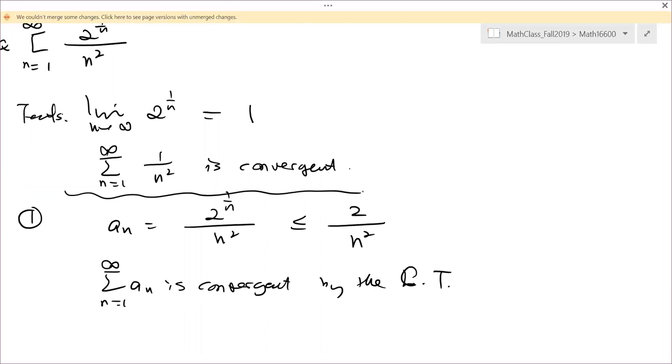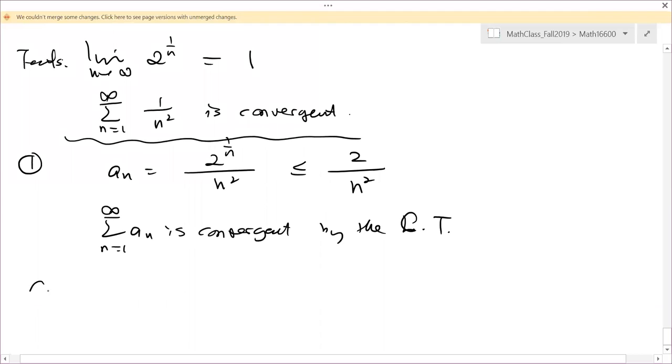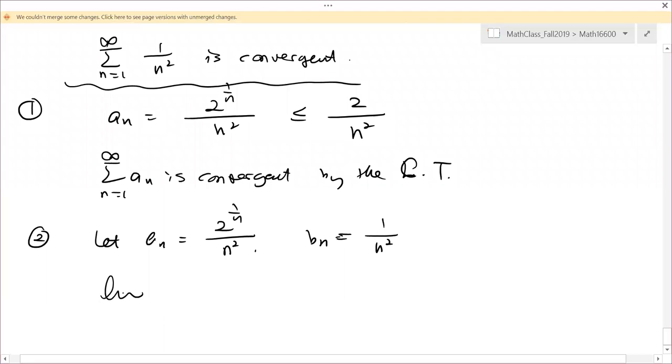Right. Now you can also use the limit comparison test. Let a_n be 2 to the 1 over n over n squared, and b_n is just 1 over n squared. Then the limit, as I'm pretty sure, should be equal to 1. When you divide, it's going to be just 2 to the 1 over n, which is 1. So those 2 series have the same convergence.